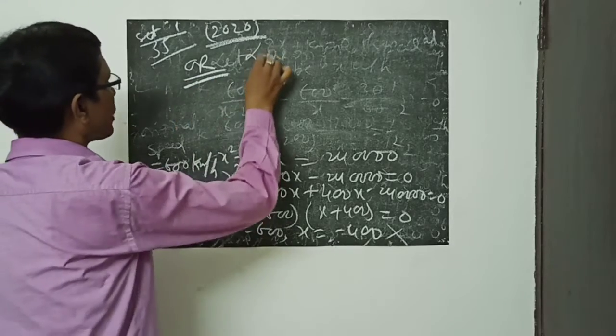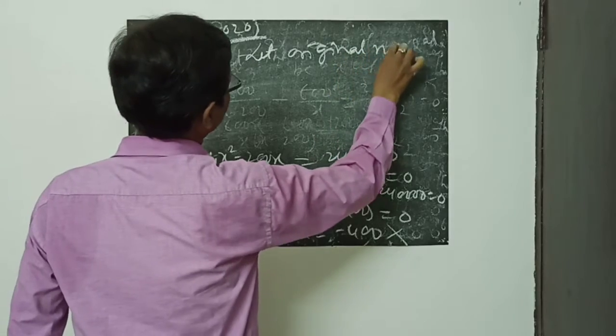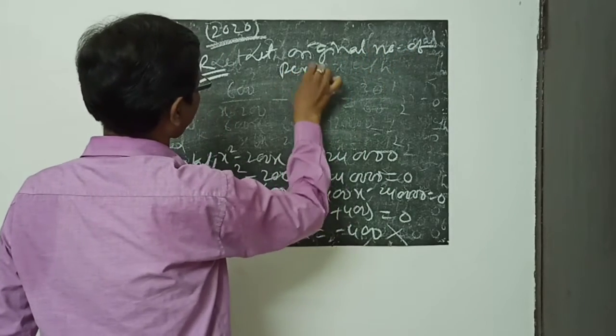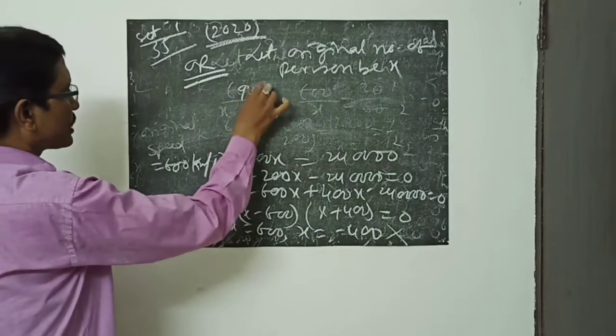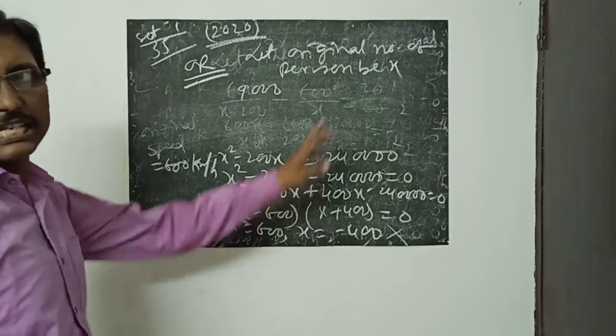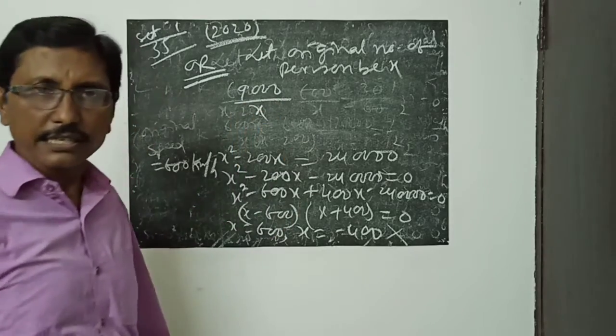So let the original number of persons be x. So the total 9,000 is divided among x persons, and each one will get 9,000 by x.